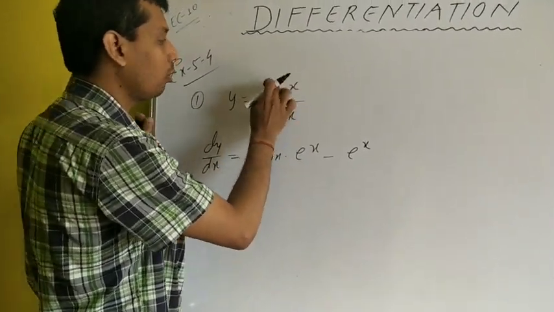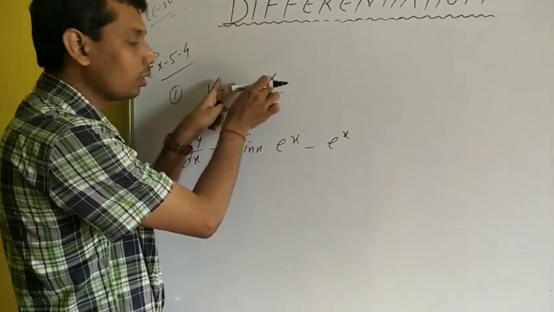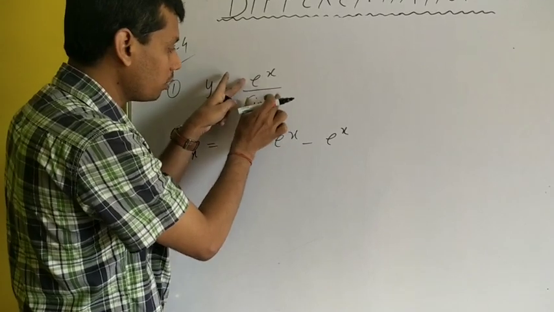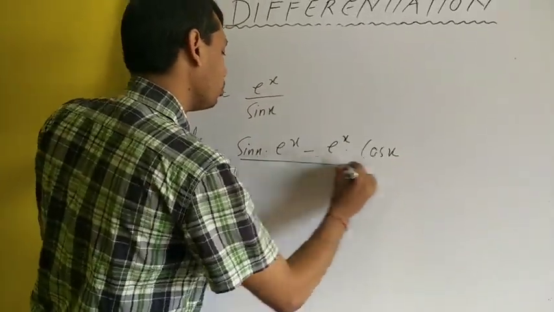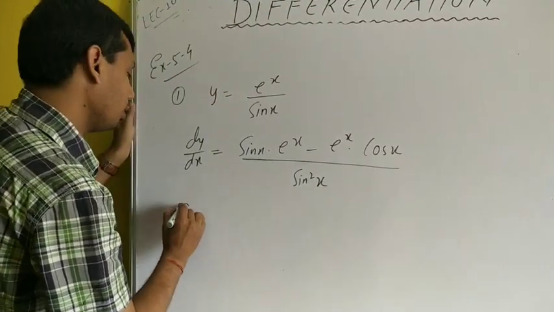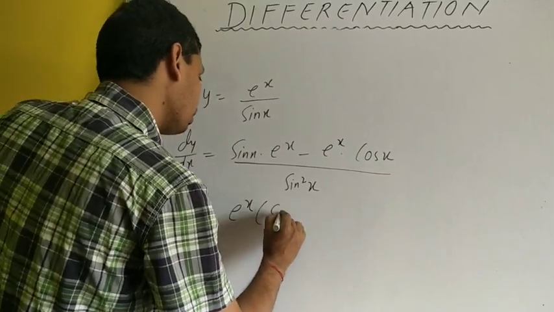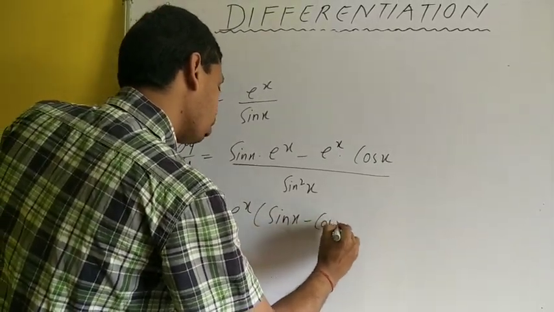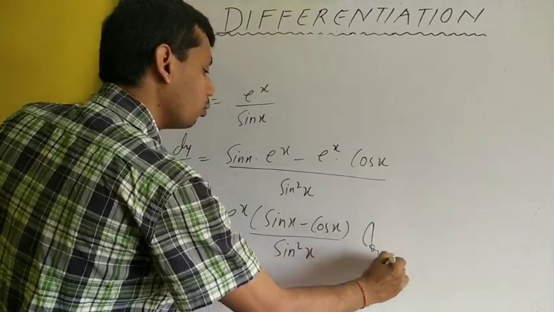Sorry, this is in the form of u by v, so v constant, differentiation of u, then u constant, differentiation of v. So differentiation of sin x is cos x, by the square of the denominator, that is sin square x. So dy by dx is equal to e to the power x sin x minus cos x upon sin square x. This is the required answer.